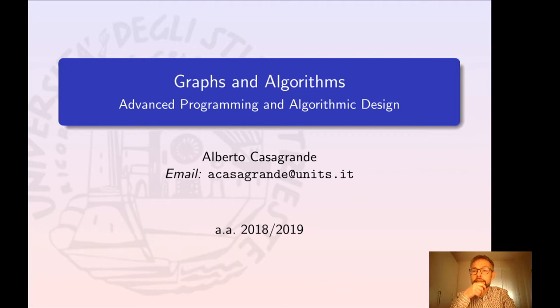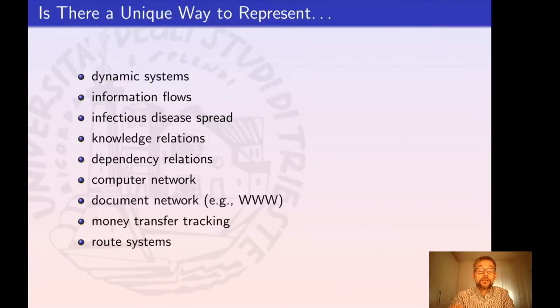And this is it. So the topic we will deal with today is graphs and algorithms. So I already spoiled you basically the answer to this small puzzle in which I ask you to figure out a unique way to represent all these things.